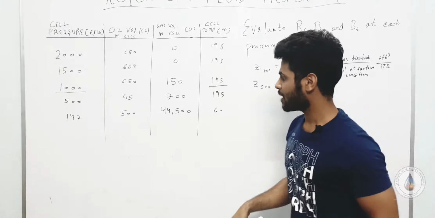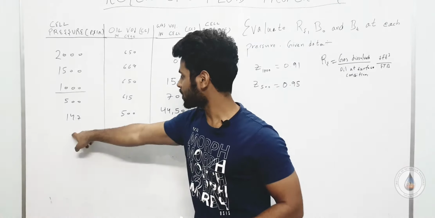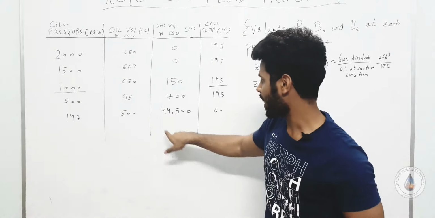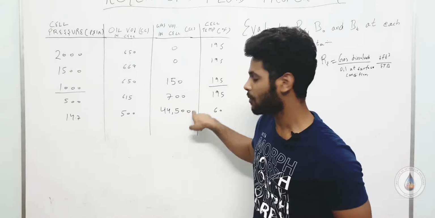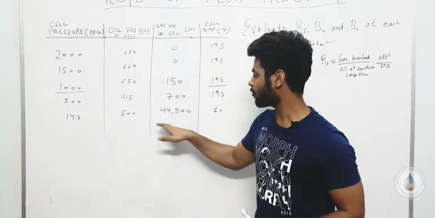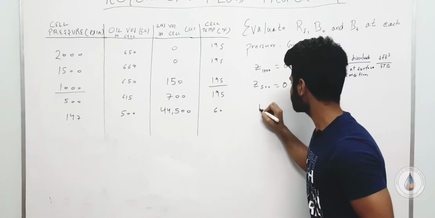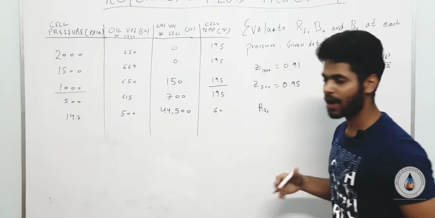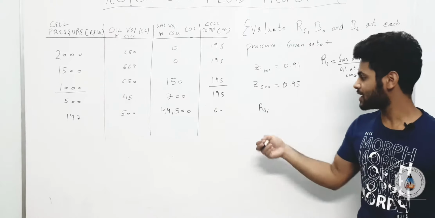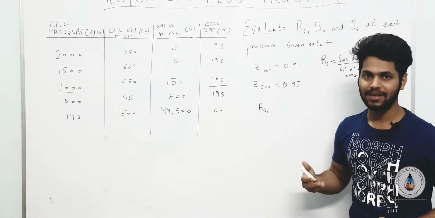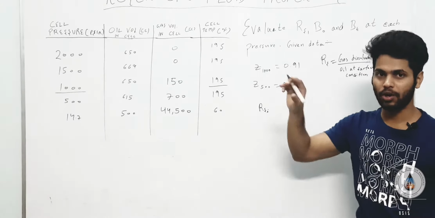Now the data that we have been provided is that at 14.7, like at surface condition, the total amount of gas that I have acquired is 44,500 cc. So from here I can simply calculate Rsi. Rsi is the amount of gas that was dissolved at my bubble point pressure.